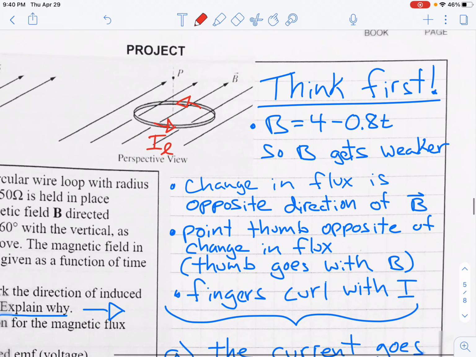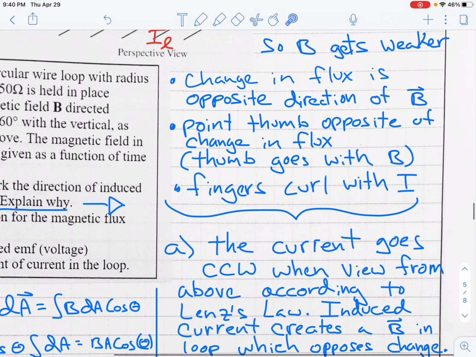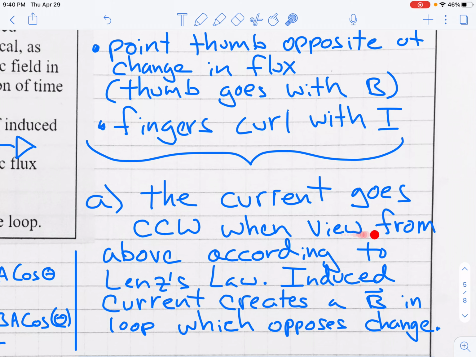Now, this is a good explanation here, but it's kind of wordy. So how could you say that a little easier? Well, you can say the current goes counterclockwise when viewed from above, according to Lenz's law, and that induced current creates a B in the loop which will oppose the change in magnetic field.